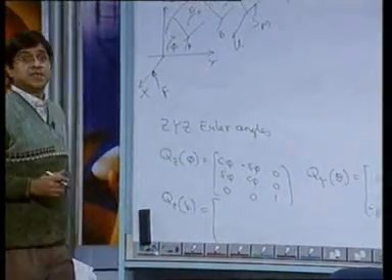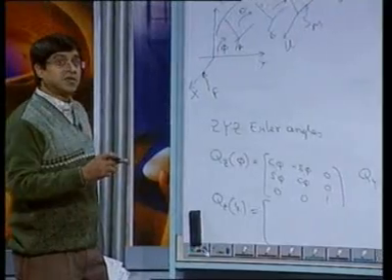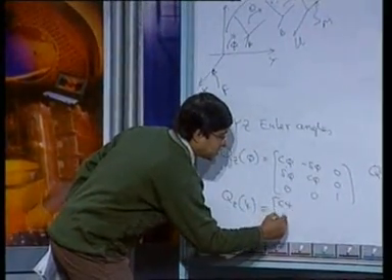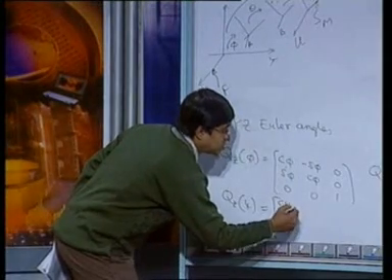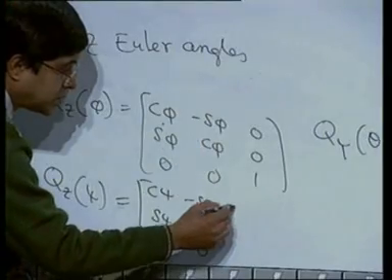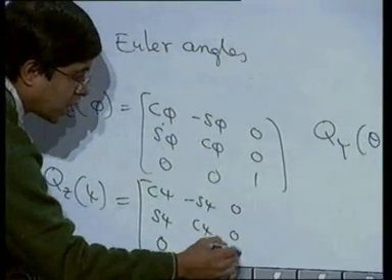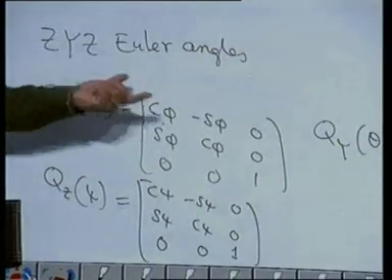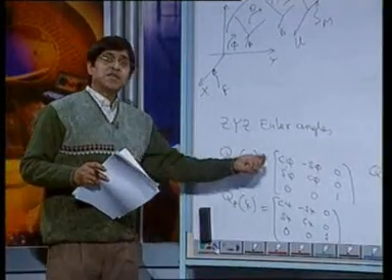Since it is a rotation about the z axis, it will be a similar structure: cos psi, sin psi, 0; minus sin psi, cos psi, 0; 0, 0, 1.